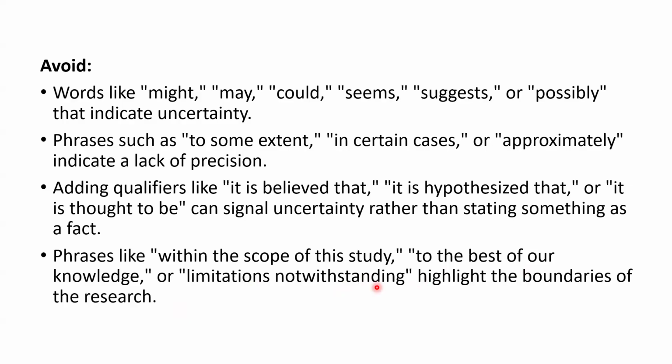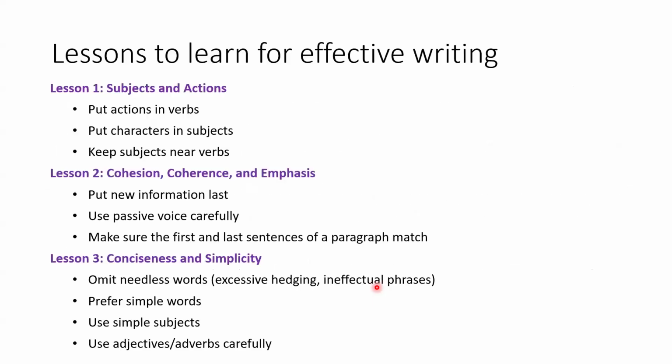But you have to have a definite conclusion at the end, right? The goal of the abstract is to present your research as clearly as possible, as compelling as possible, as strong as possible. So don't use this weak phraseology, right?